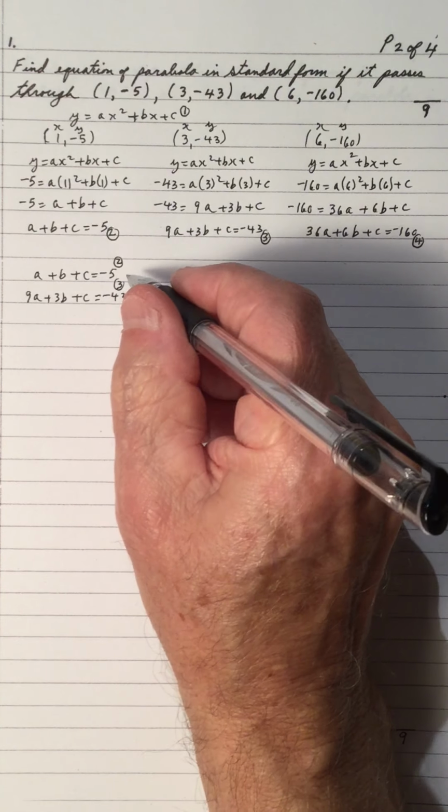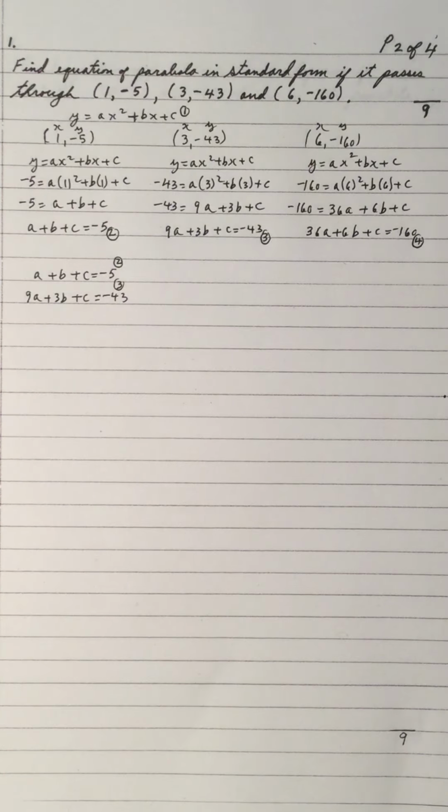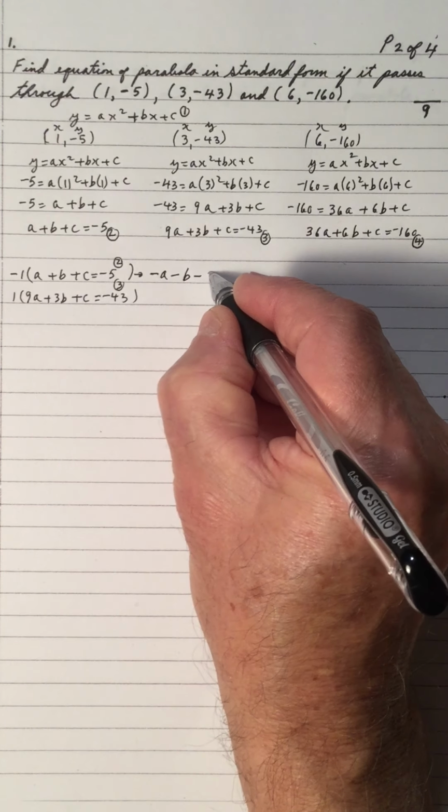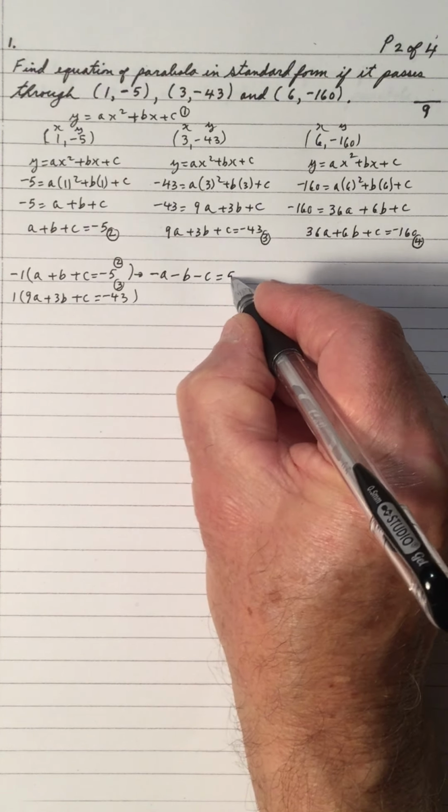So we want to eliminate the c. Multiply by negative 1 and 1. So here we go. We multiply by negative 1, we get negative a minus b minus c equals 5.